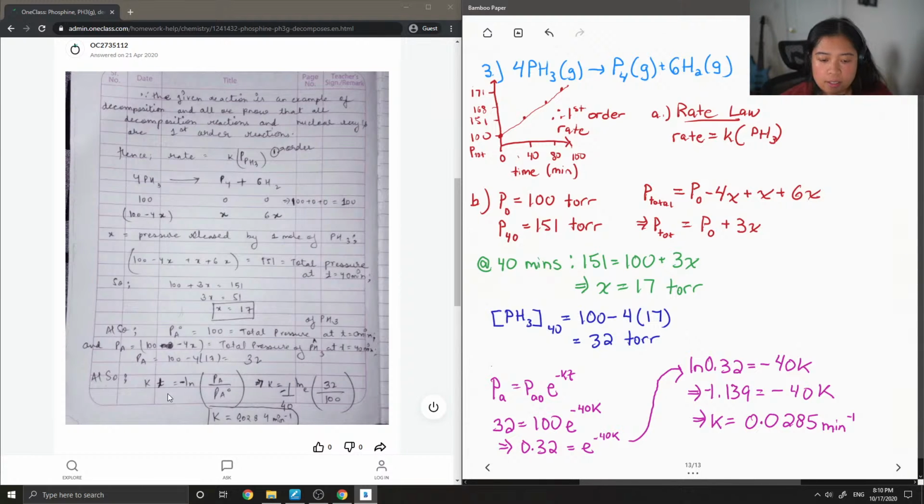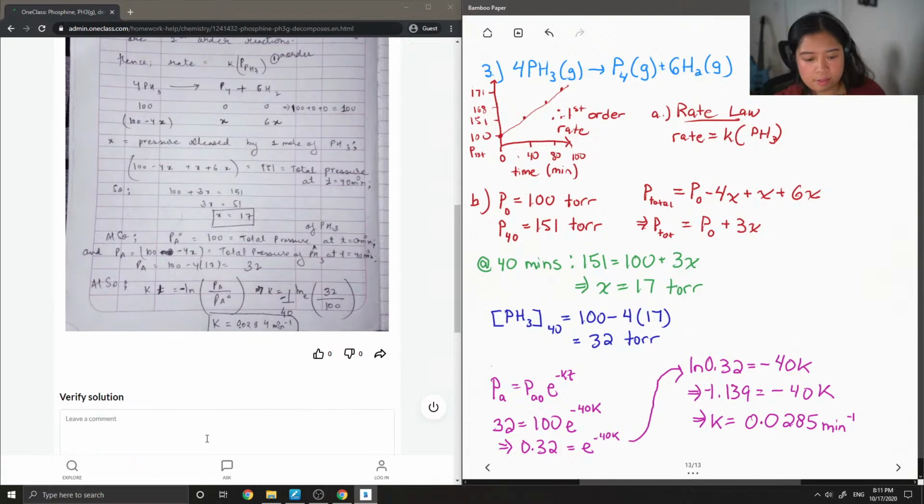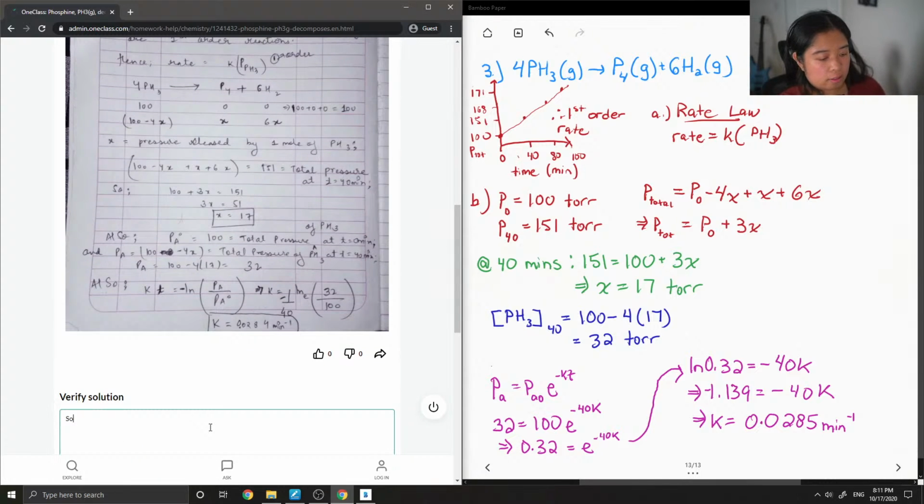And then they solved for K. So they used a different equation, but it's pretty much the same thing. They just simplified it and then subbed in the values, and they got the same K value of 0.0284-ish. So this solution is correct.